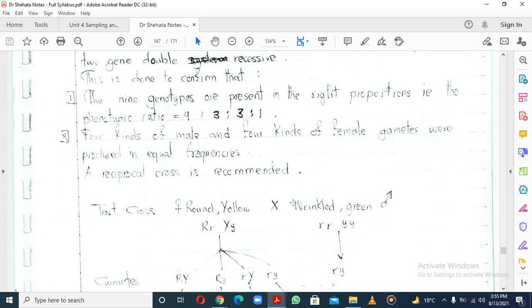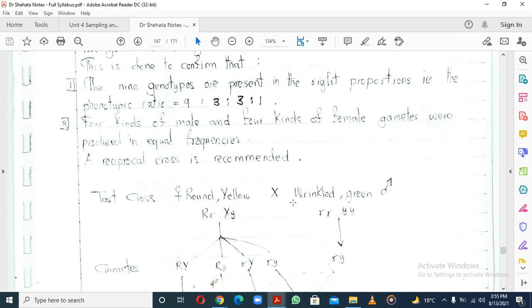So meaning you're going to cross it with what? With something that is recessive for both genes. And that's why you can see this test cross here. We are actually test crossing it with something that is recessive for both genes. So there you can see the lowercase rr and the lowercase yy. So that means it's recessive for what? For both genes. So the nine genotypes are present in the right proportions.